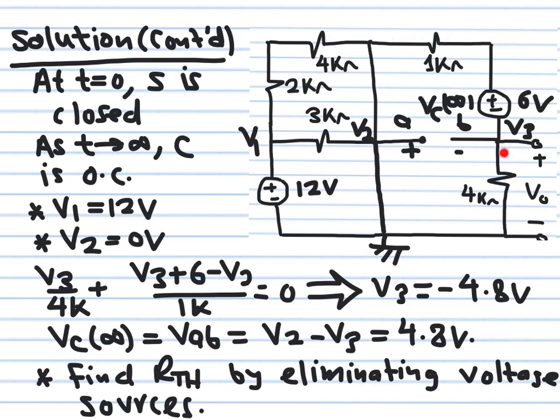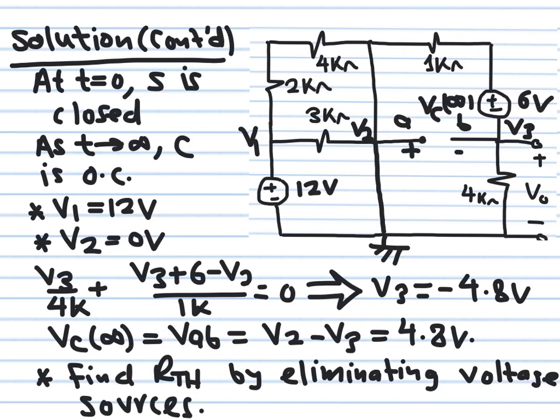This one here is V3 over 4K. The current flowing here, remember this is V2, then this is V2 as well. The current flowing out here is V3 plus 6 minus V2 over 1K. This is all equal to 0. Remember, V2 is 0, I don't have to worry about it. Then you have only one equation in V3.